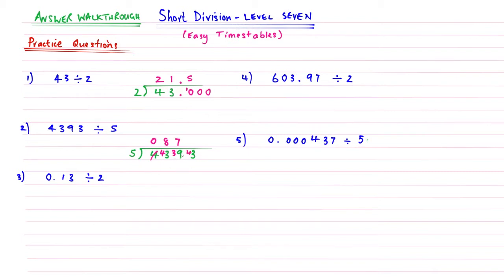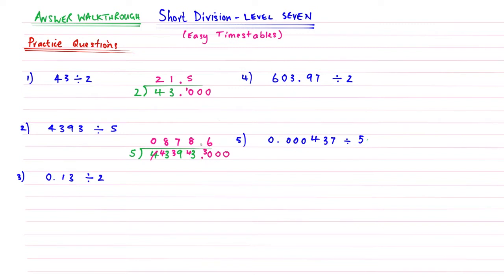Right, now 5's into 43, well again that goes 8 times. But then what we have is we need to write our remainder somewhere. So again, decimal point, 3 zeros, just out of habit I do this. Now we've got 5 times 8 is 40, so that gives me a remainder of 3. Now, so I know that's going to be a 6 above there, because 5's into 30 goes 6.